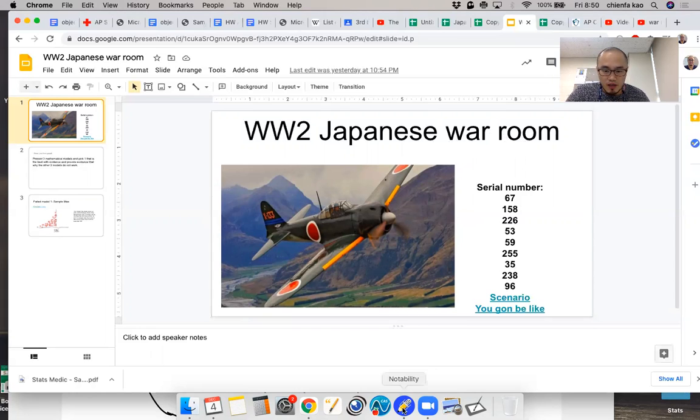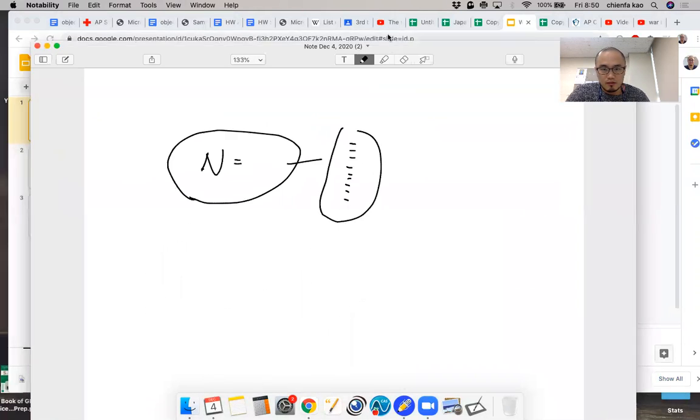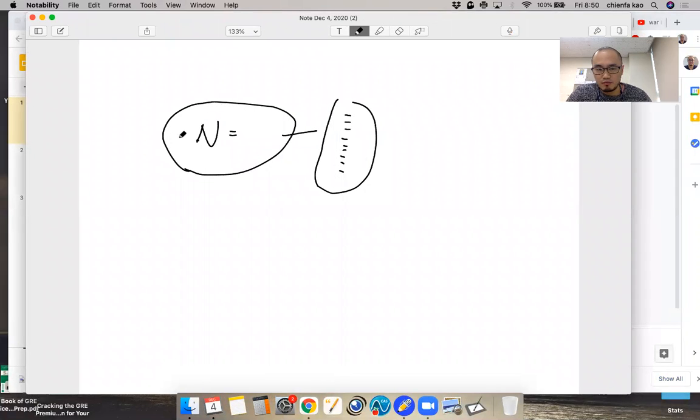Let me give you a graphic representation of today's scenario. You have a population of size n. You don't know what this number is, but you somehow were able to randomly get 9 of these warplanes' serial numbers. You shot them down, and then the soldiers recorded it.